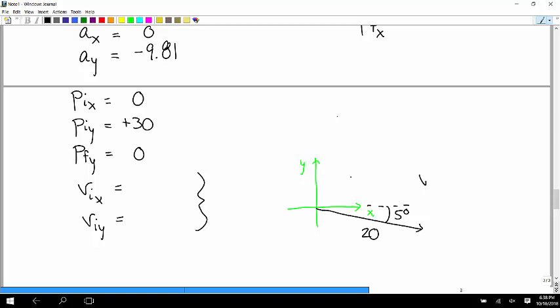So that initial velocity vector is 20 times the cosine of some angle, 20 times the sine of some angle. And that angle is the counterclockwise angle from the x-axis. Or you can call it a negative angle and go clockwise. So what angle do we want to use here? Yeah, 355 works, or -5 works.